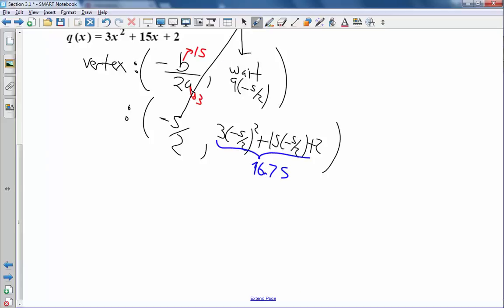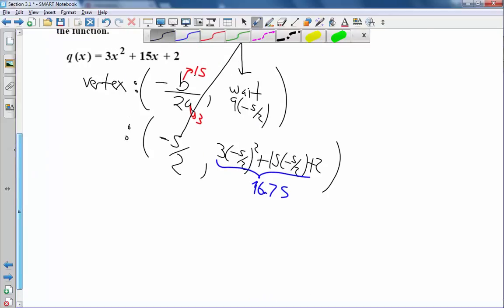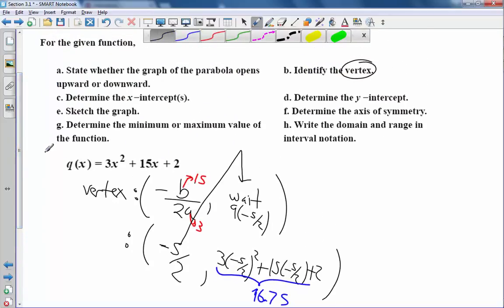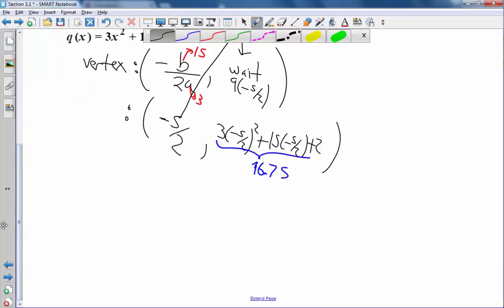Alright, but they still want the vertex form. No, they don't. They don't want it. But I'm still curious. In part Z, I want to ask you vertex form.